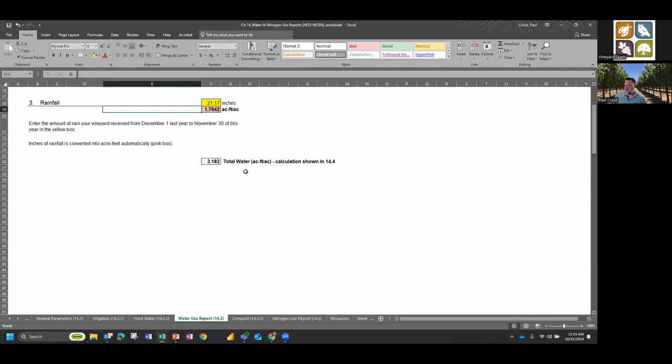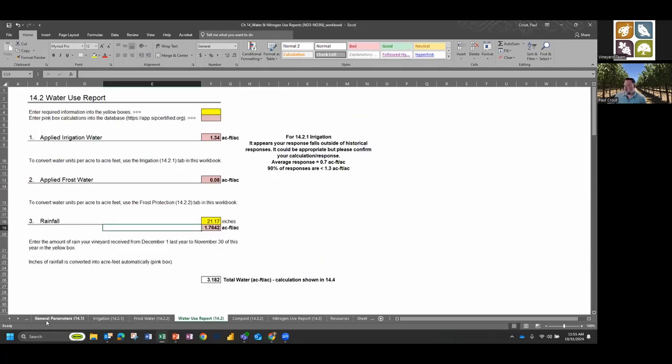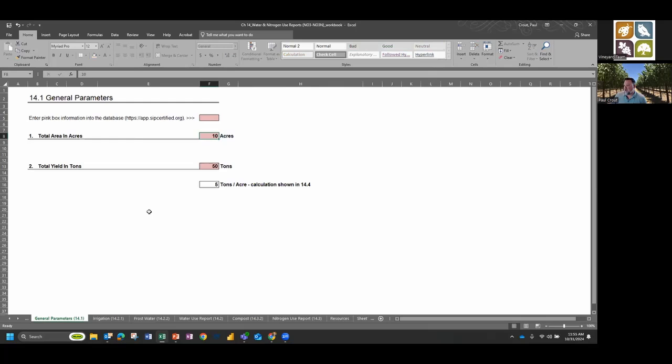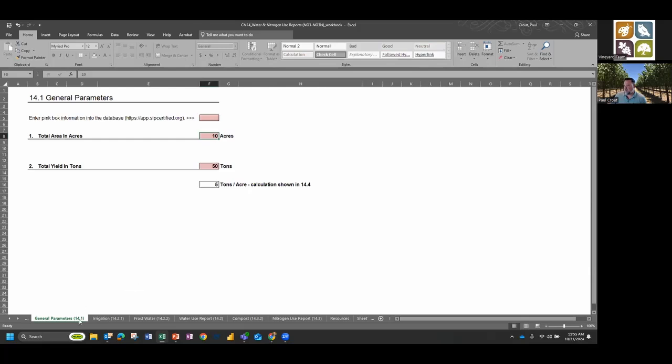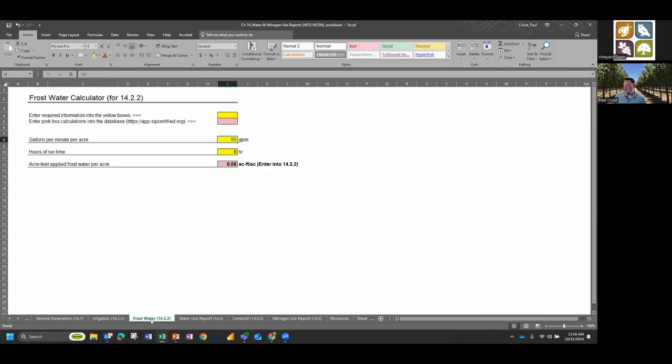But one thing I would highly encourage is to work through the workbook before you start entering information. You can see at the bottom tab, it has each chapter and subchapter, just like we worked through today.